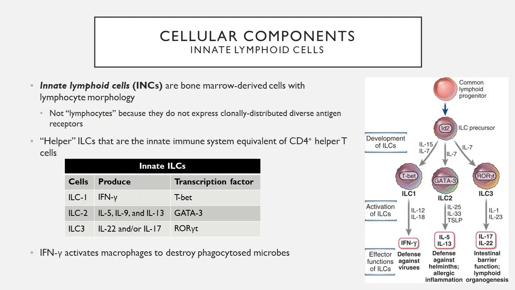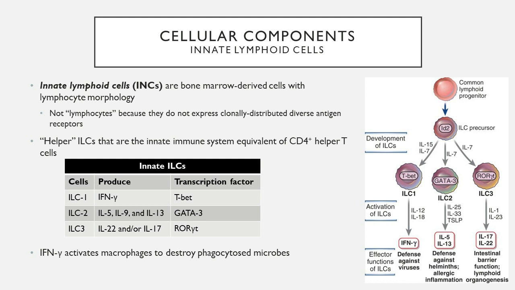The next cell type we're going to talk about are innate lymphoid cells. Like their adaptive siblings, these cells originate from common lymphoid precursors, and they do exhibit lymphocyte morphology, yet they do not express the clonally distributed diverse antigen receptors of fully mature B and T cells. So while we say they are lymphoid cells, they are not lymphocytes.